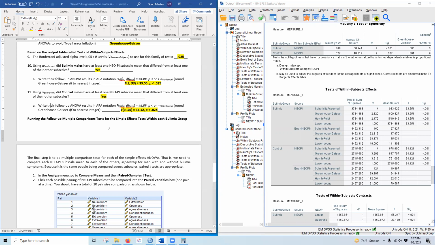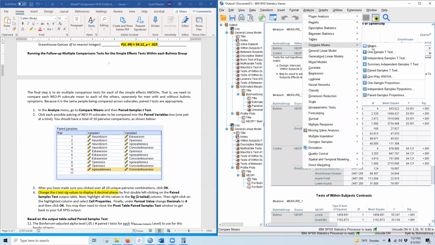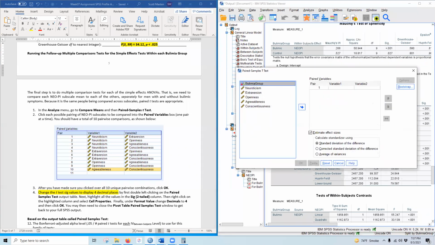So we've got to keep going. Now we know that at least one subscale differs from at least one of the others for both the controls and the bulimic males. We've got to do a bunch of paired t-tests to figure out exactly which ones differ from which. So to do that, keep your split file on, go to Analyze, Compare Means, and Paired Samples t-test. And we've got to match up all possible comparisons of the 5 NEO-PI subscales. Don't do the bulimic group.